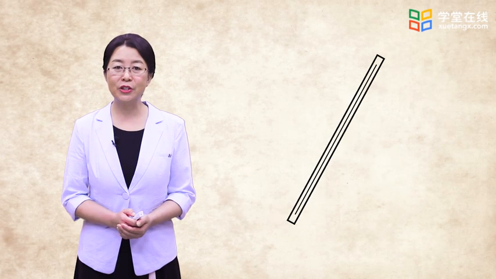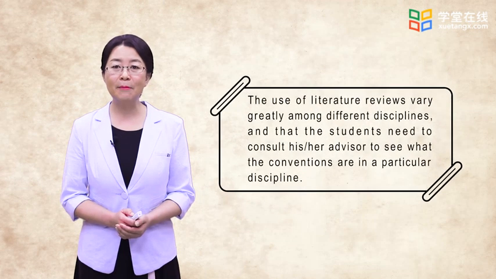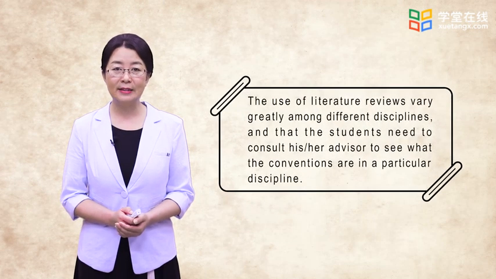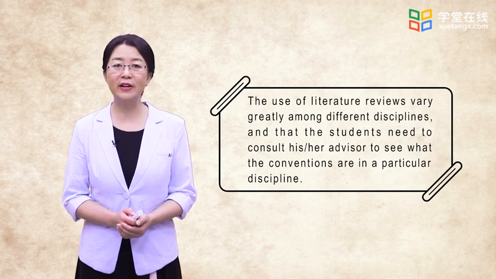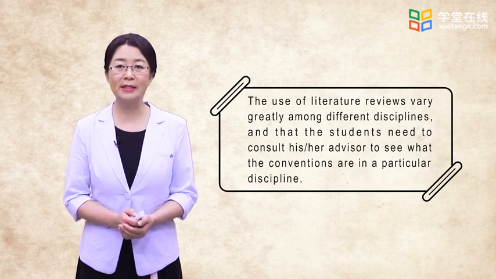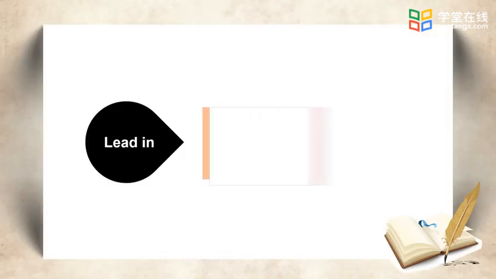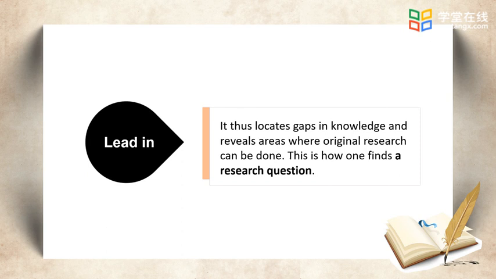The use of literature review varies greatly among different disciplines, and the student needs to consult his or her advisor to see what the conventions are in a particular discipline. It thus locates gaps in knowledge and reviews areas where original research can be done. This is how one finds a research question.